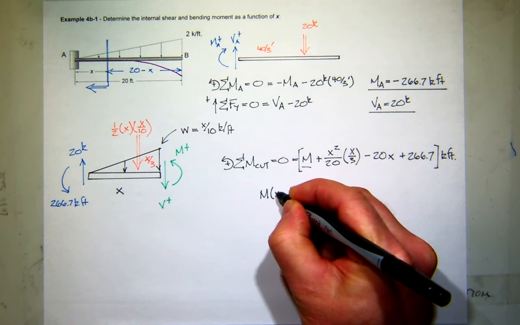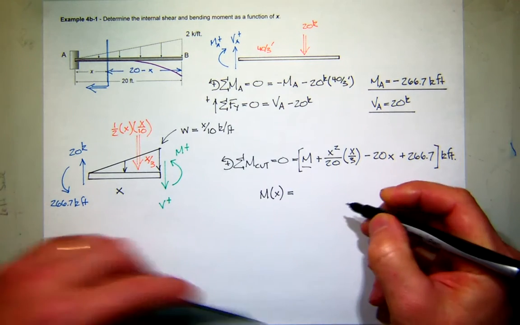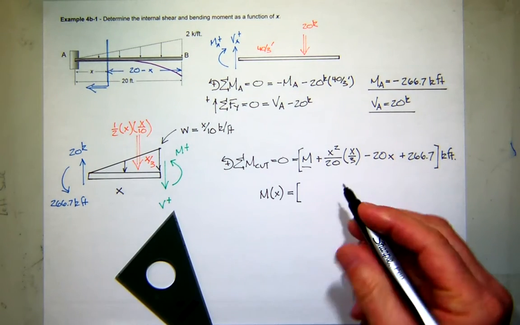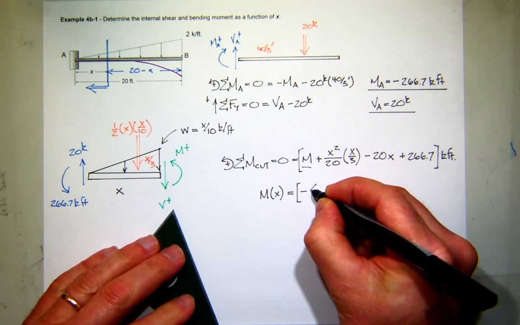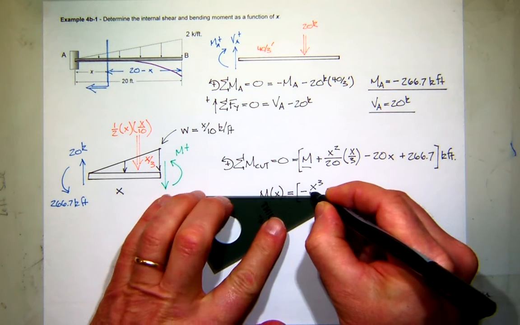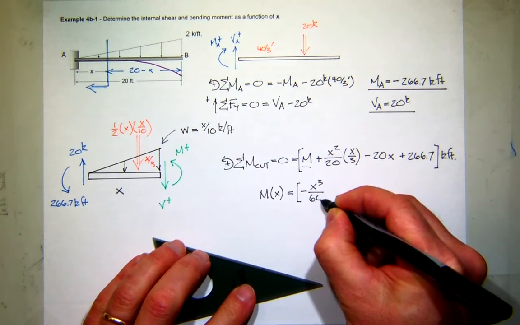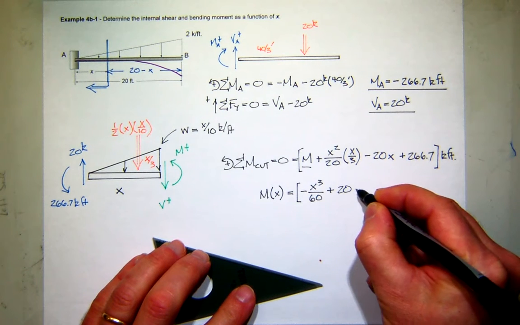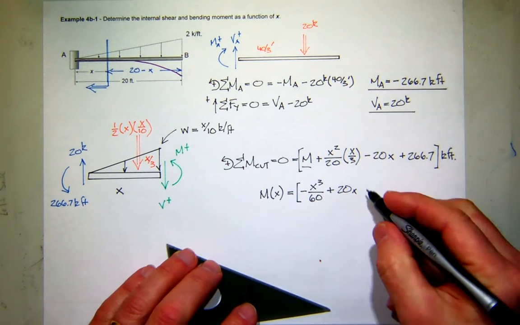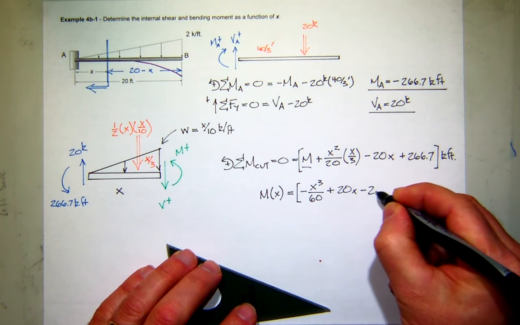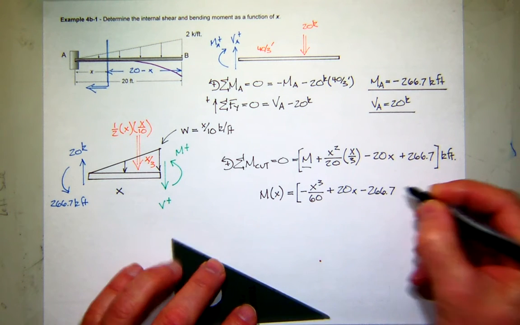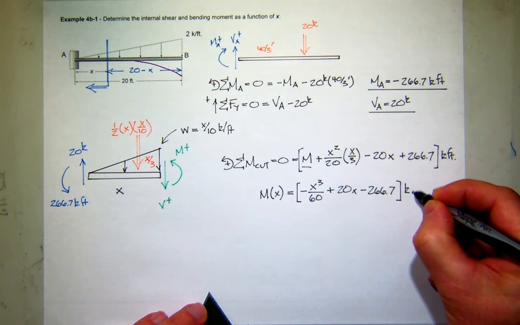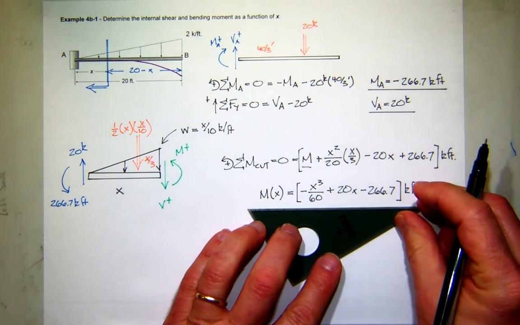M, which is now a function of x, is going to be equal to, I just have to move everything to the other side of the equation, so it's going to be minus x cubed over 60, that's the first term, plus 20x minus 266.7. And that will be kip feet. So there's my equation.